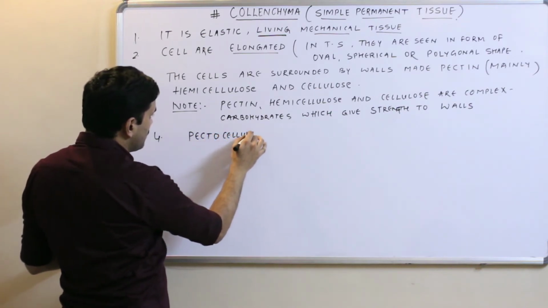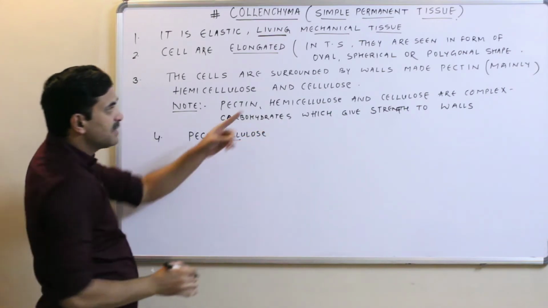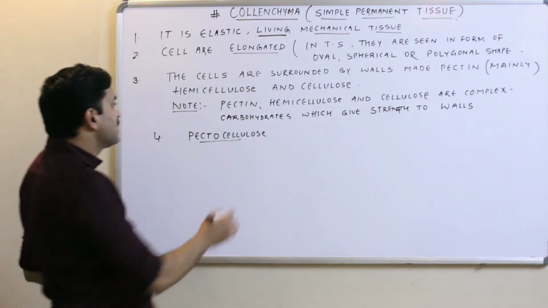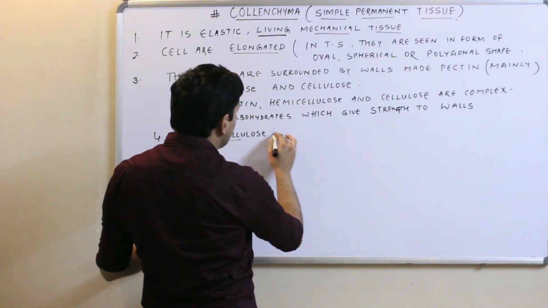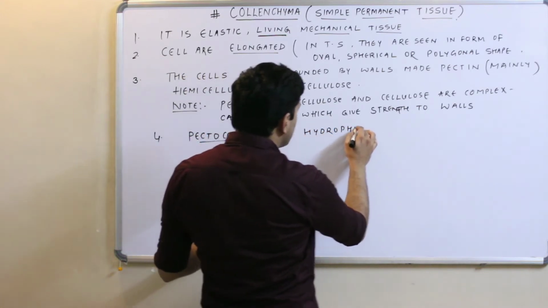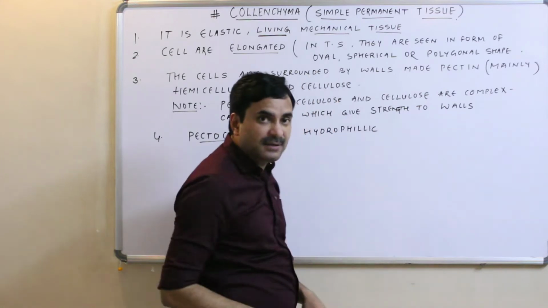Now remember one more thing, that pectocellulose, because they are chiefly concerned with pectin and cellulose, but hemicellulose is also present. So pectocellulose is hydrophilic, water loving.